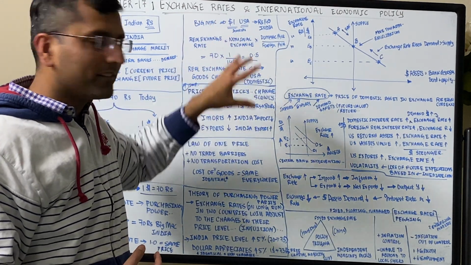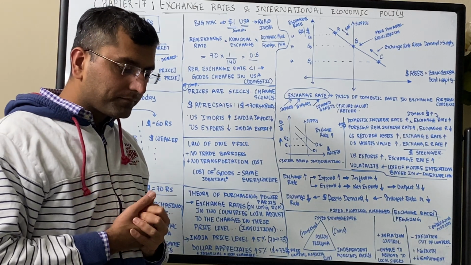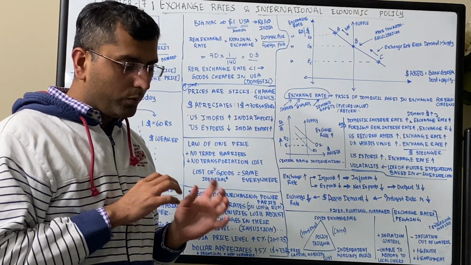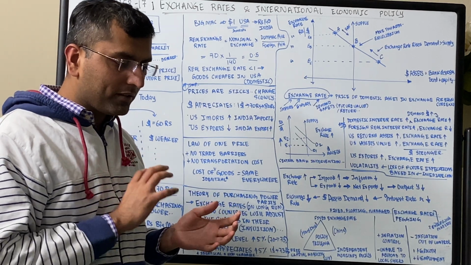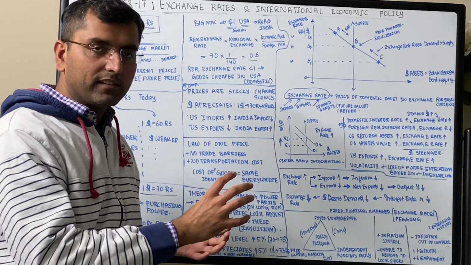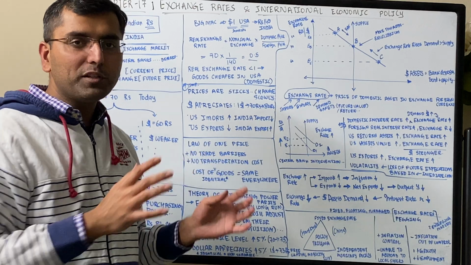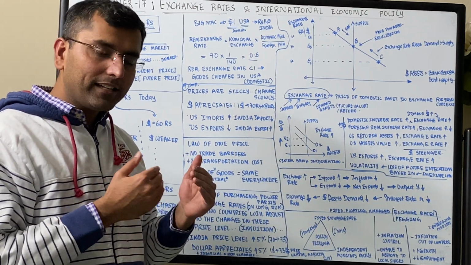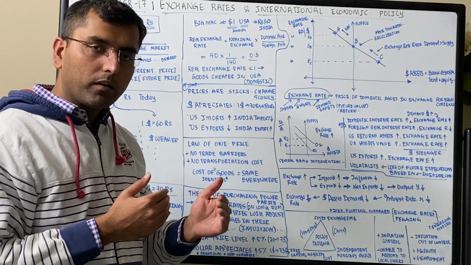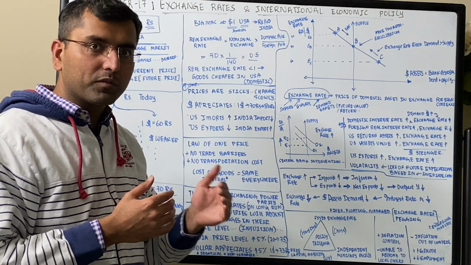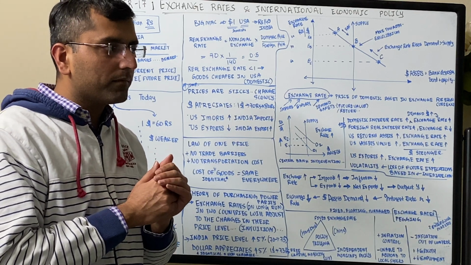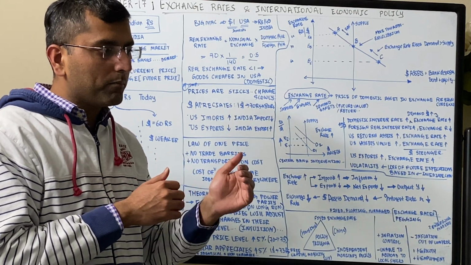Why is this important? Because think about this. First of all, you will not be able to buy the same goods and services in two different countries that are exactly identical. There'll always be some difference. The quality might be different. You can't really compare the two as exactly the same. So there's going to be some differences. Also, there are certain things that don't move across borders.